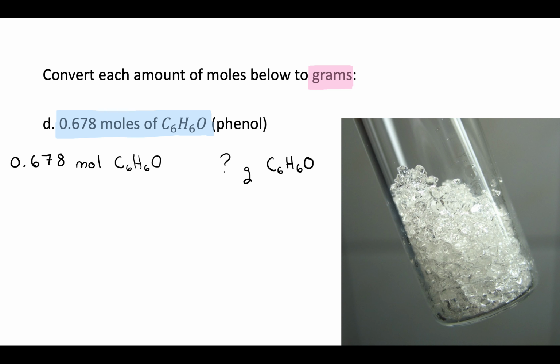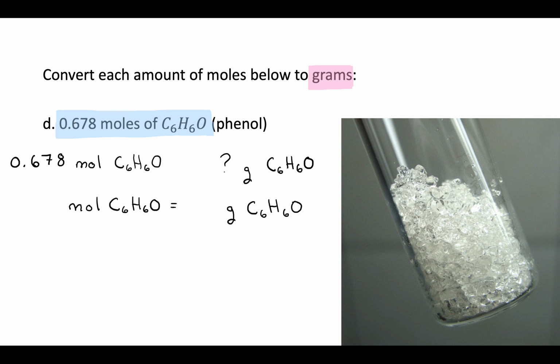So it's a conversion, and in order to do the conversion, we need a conversion factor that relates those two units. So how do moles of phenol, C6H6O, relate to grams of phenol, C6H6O? Now again, we have more than one element here, so we have to keep track of the weights coming from each element separately, and then we'll add them all up.